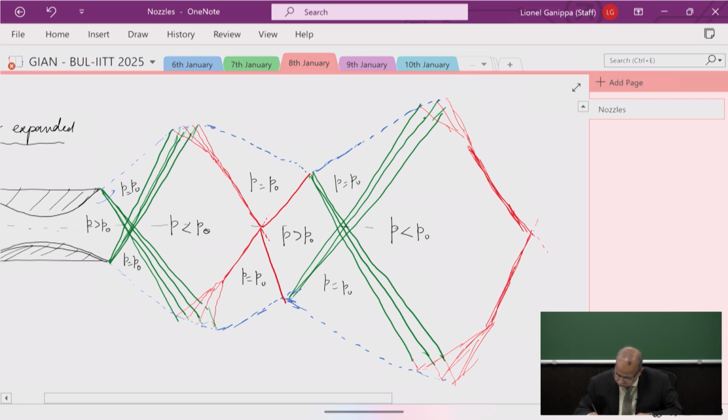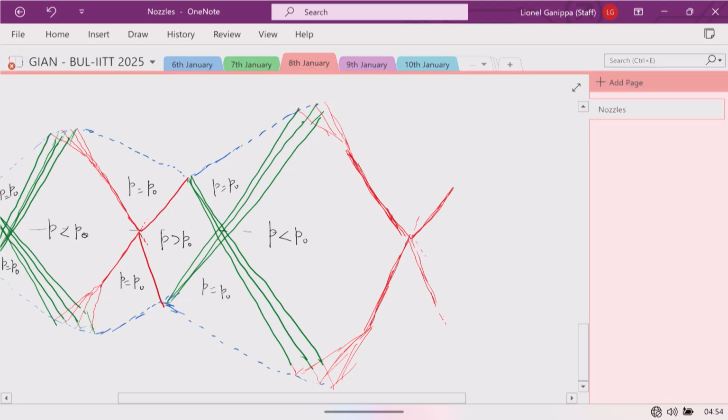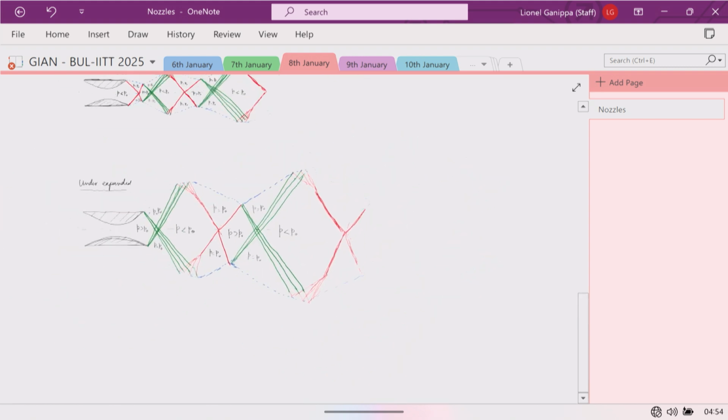And then the flow turns. So this process continues until there is no energy left.